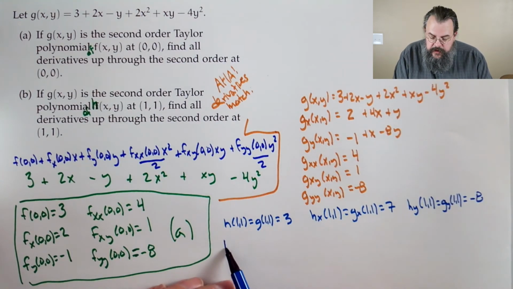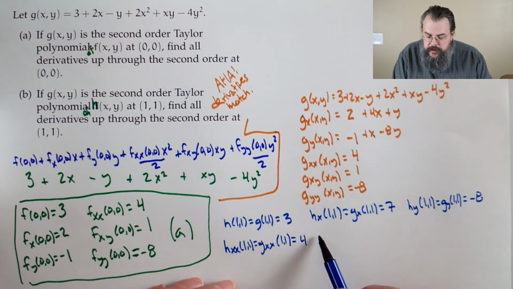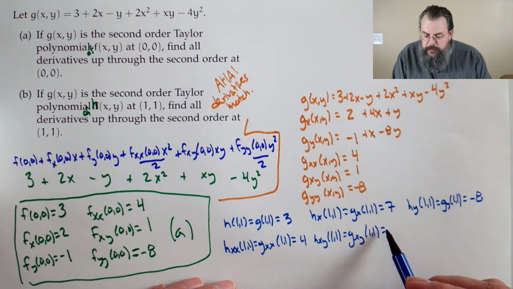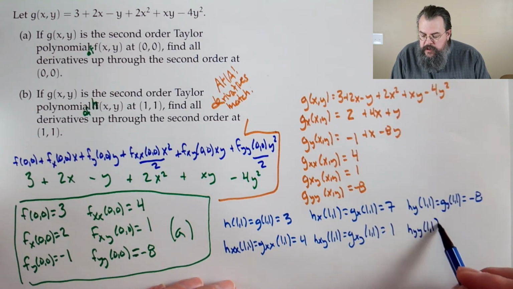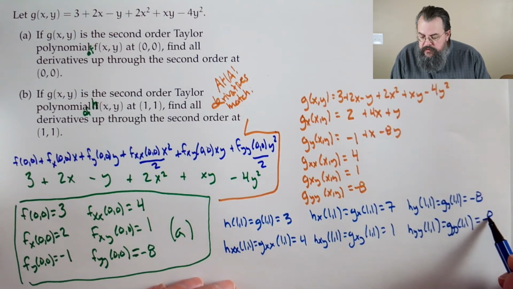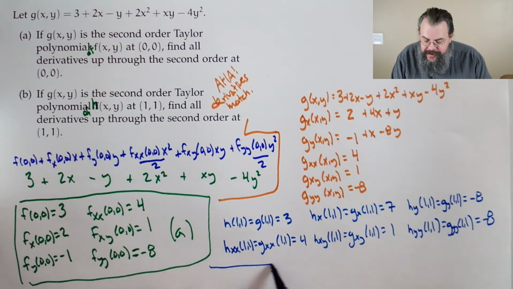And going to second derivatives, h sub xx at 1, 1 equals g sub xx at 1, 1, which is 4. h sub xy at 1, 1 equals g sub xy at 1, 1 equals 1. And h sub yy at 1, 1 equals g sub yy at 1, 1 equals negative 8. And we're done. All right, good.